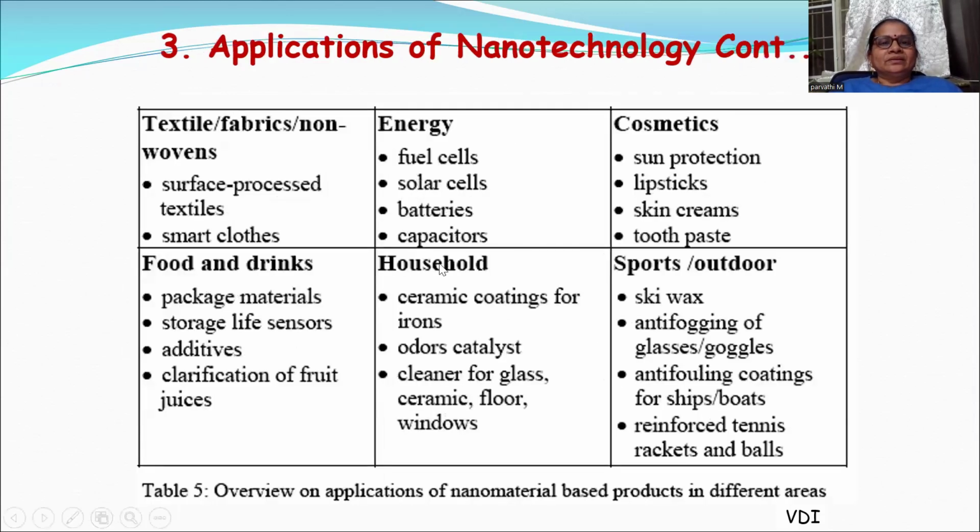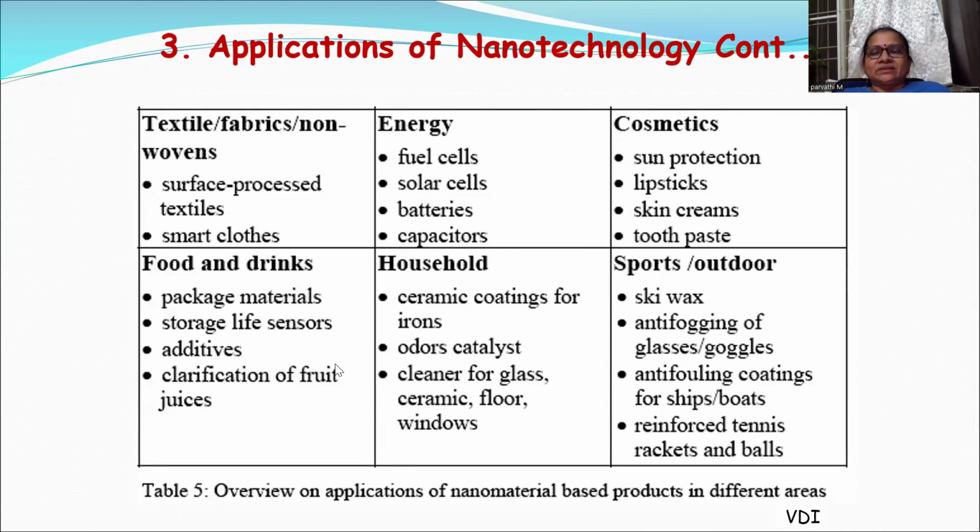Then these are some more applications of nanotechnology: textile, energy, cosmetics, food and drinks, household and sports, outdoor. For example, in food and drinks, packaging materials are disposable, environmentally friendly materials made possible with nanomaterials.